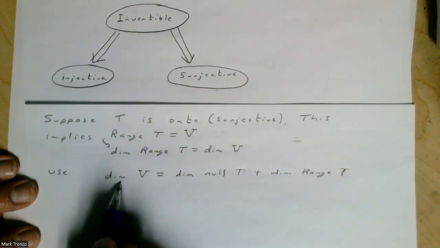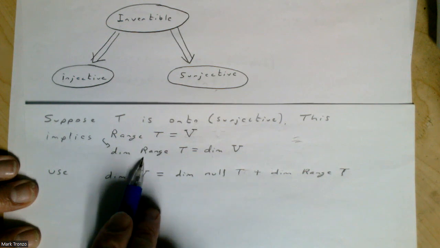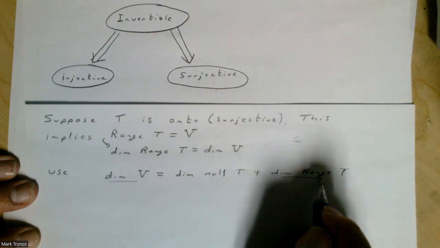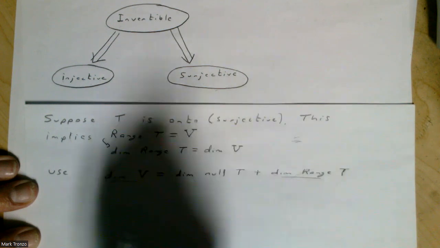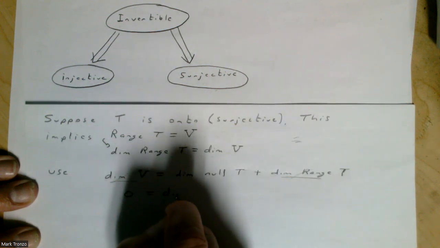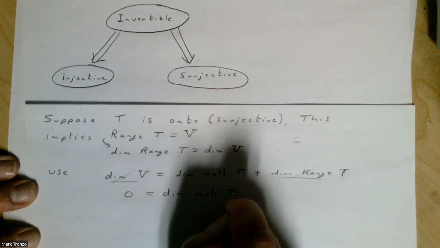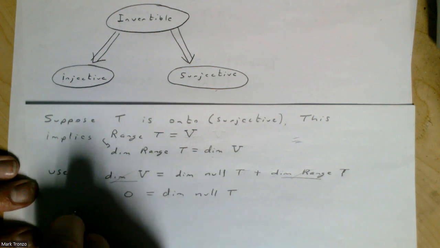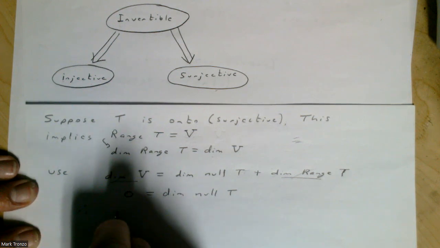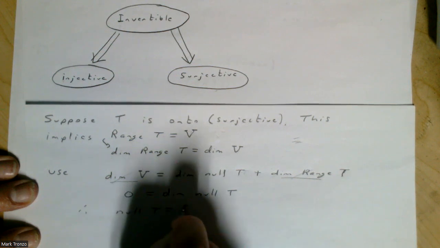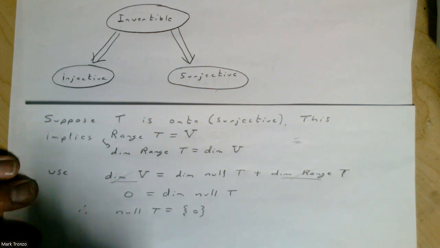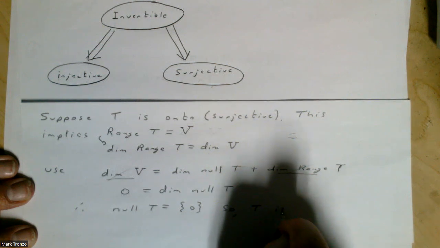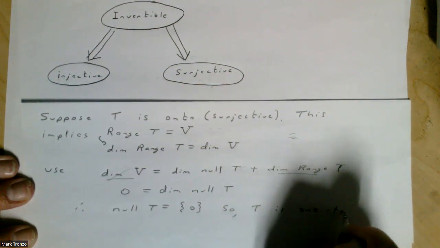Now the dimension of V is equal to the dimension of the range of T, so these can cancel. So the dimension of the null space of T is 0. And that implies, therefore, the null space of T is just the zero vector. So you remember from a previous theorem, T is 1-to-1.